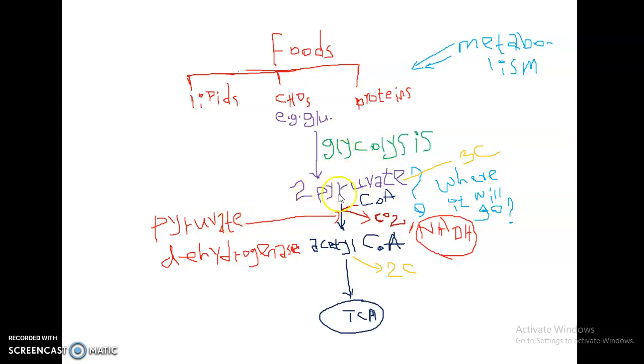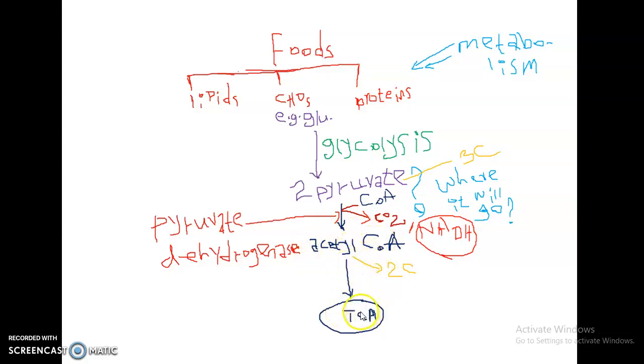Then these 2 pyruvate, after they are made from glucose, where will they go? The fate of the pyruvate is, one, it will be converted into acetyl-CoA and enter into the TCA cycle.